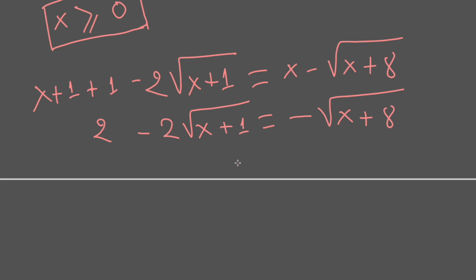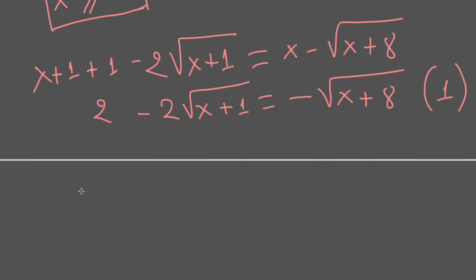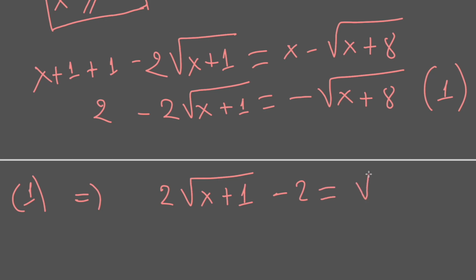Now, we call this equation 1. From equation 1, we have a few ways to transform it into different left and right sides. We can keep it as it is, or we can move it like this: 2 plus 1 minus 2 times square root of x plus 1 equal to square root of x plus a.